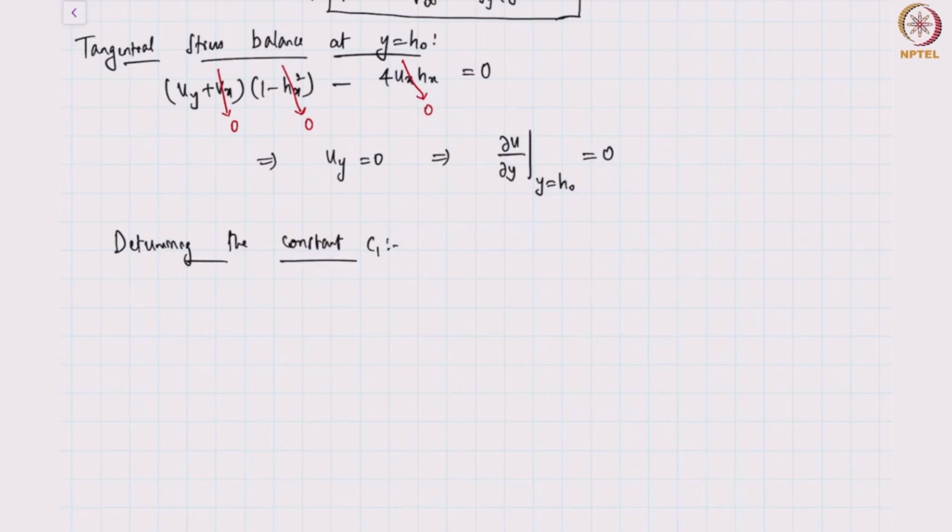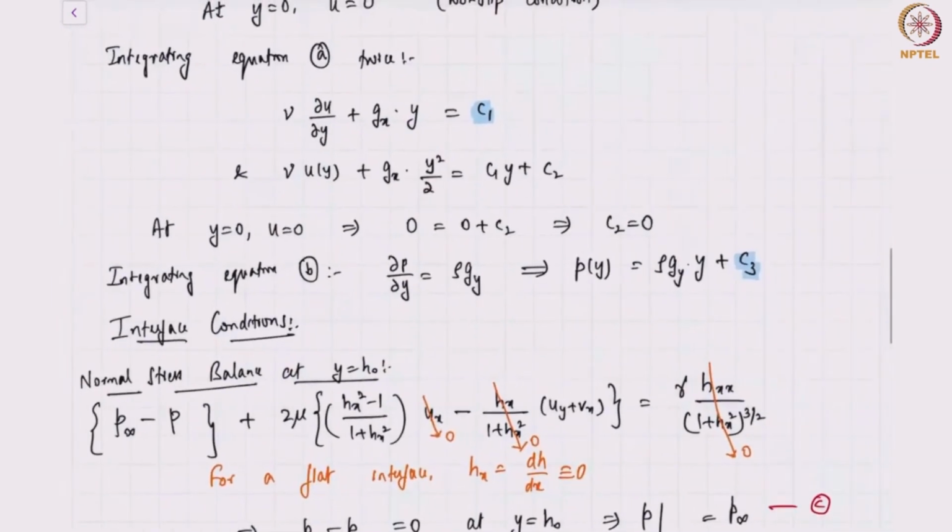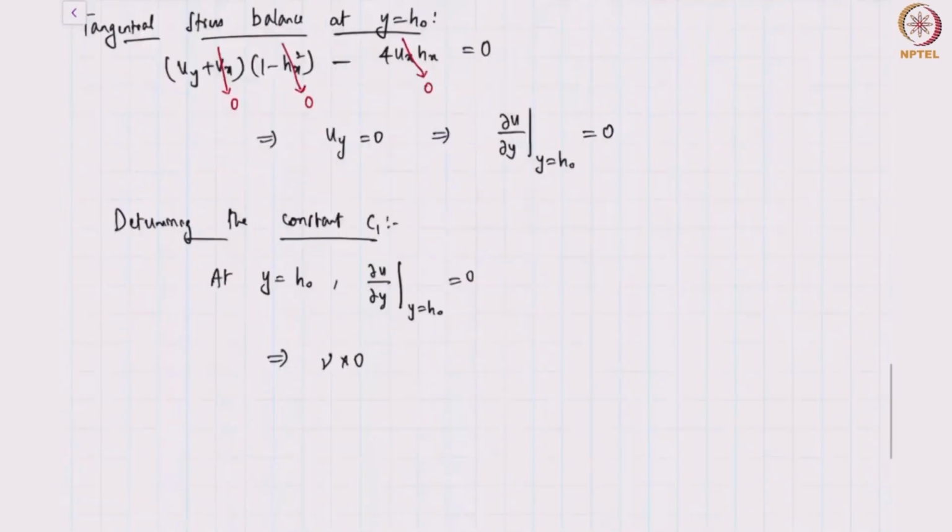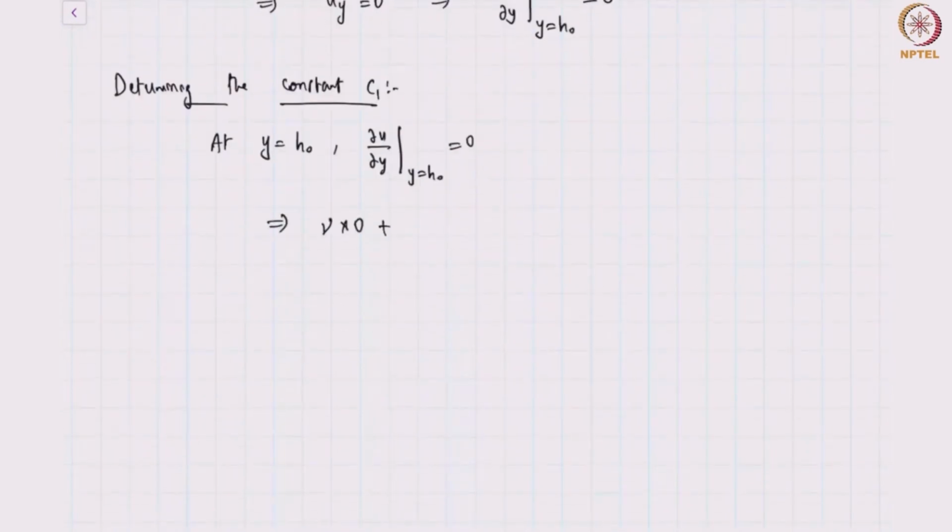It says at y equals h naught, we have del u by del y at y equals h naught is 0, and this immediately means viscosity times 0, that's the constant on the right hand side, plus gx times h naught is simply C1. Therefore C1 is simply gx times h naught.